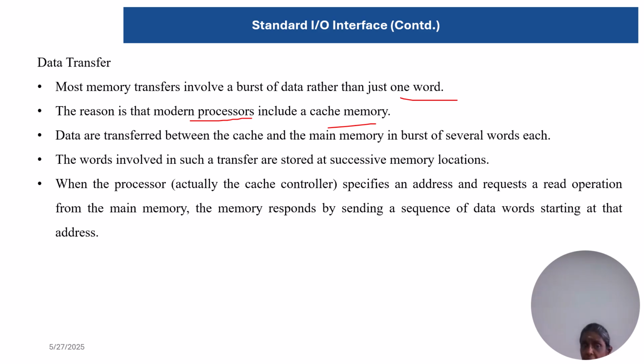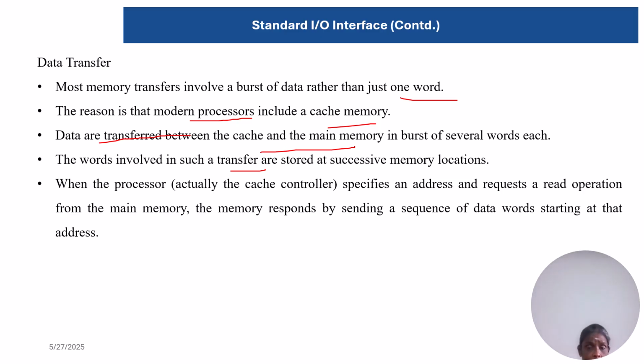So the speed has to be managed, and the data are transferred between cache and main memory in bursts of several words each. So a group of data will be transferred from cache to main memory, or from main memory to cache, both-way transactions. The words involved in such a transfer are stored at successive memory locations.